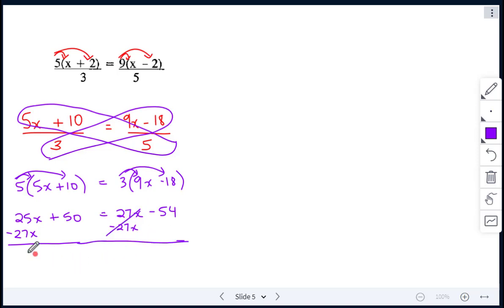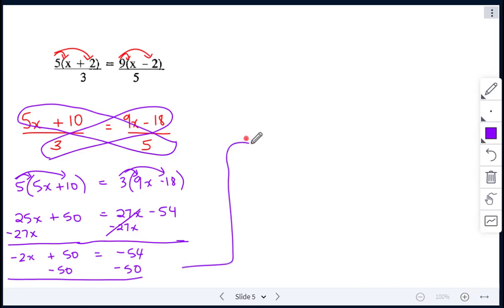Okay, and now we would have the negative 2x plus 50 equals negative 54. Okay, always pay attention to the positives and negatives. I'm running out of room, but next we're going to subtract 50, subtract 50. Okay, I'm just going to bring it right up here.